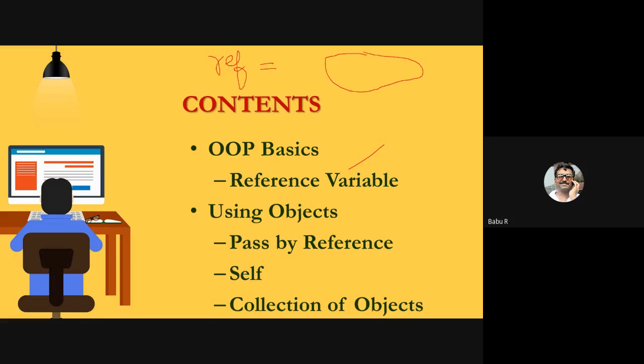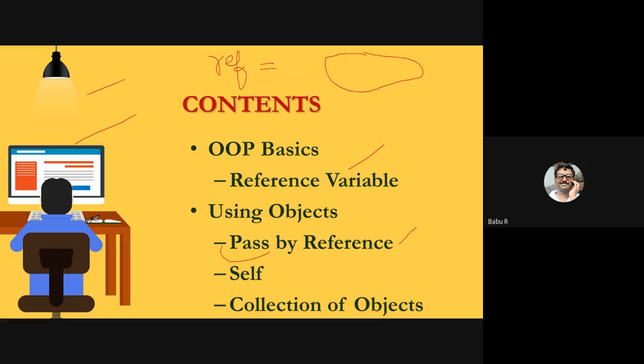So next is using objects. So how to use objects? By using references only, we are going to use the object. In that you can go for using pass by reference. So if I'm passing an object as a reference, what will happen if I'm making any changes inside the function? That will reflect outside the function also.